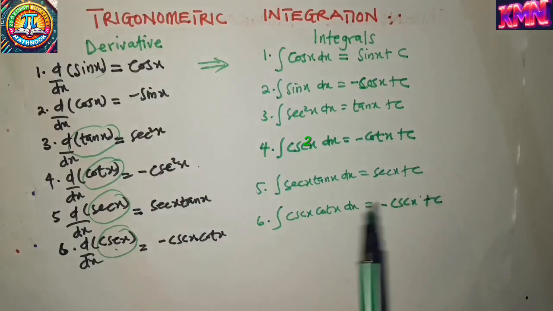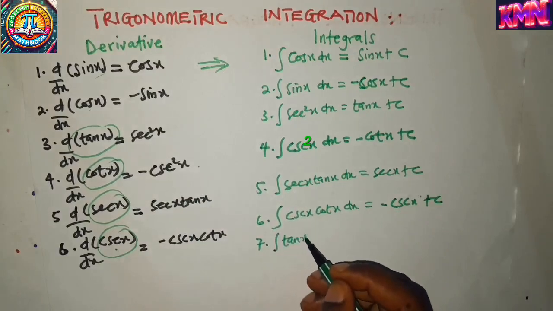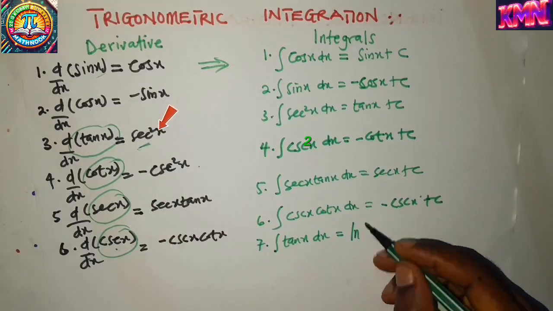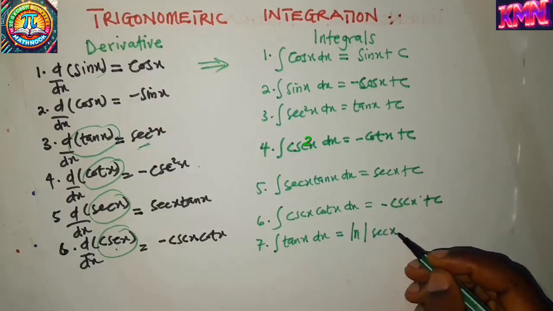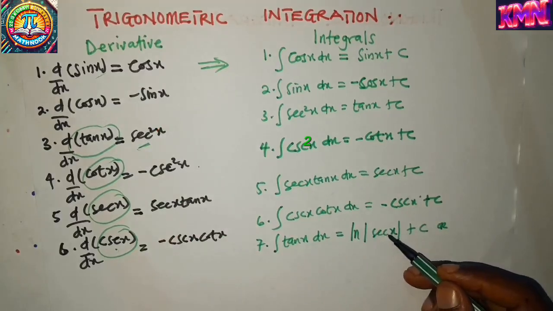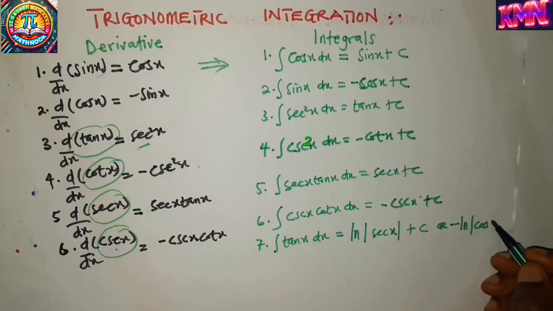Now let's take a look at them. So number 7, the integral of tan x dx equals ln of sec x plus c, or, since the inverse of secant is cosine, you will also get negative ln cos x plus c.